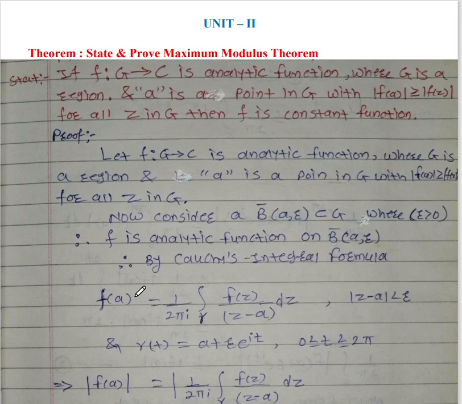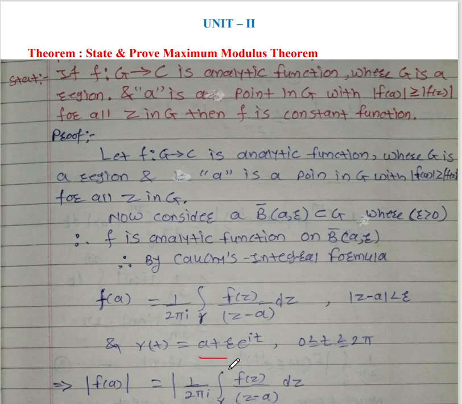Here the curve gamma of t equals a plus r e raised to power i t, where a is the center of the circle and r is the radius of the circle, and t lies between 0 and 2 pi.